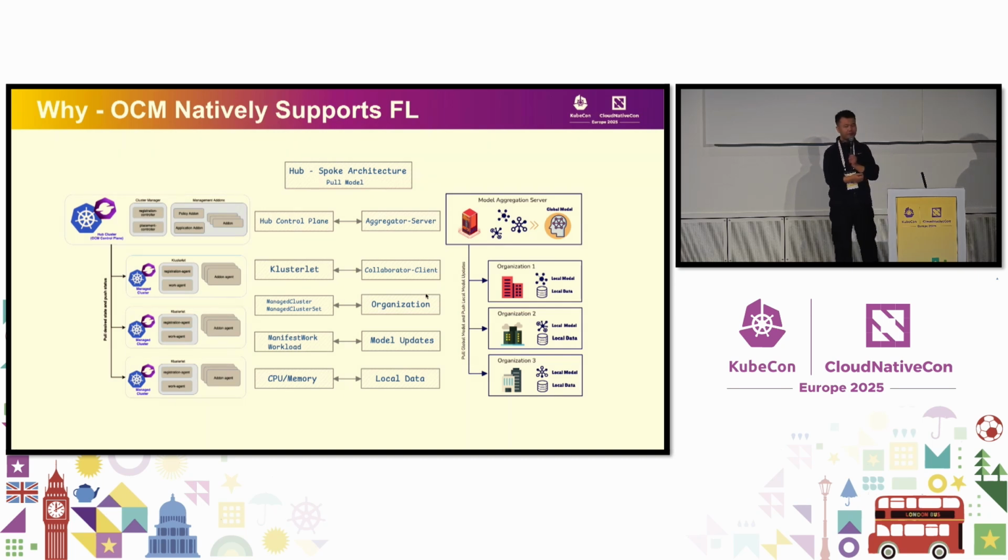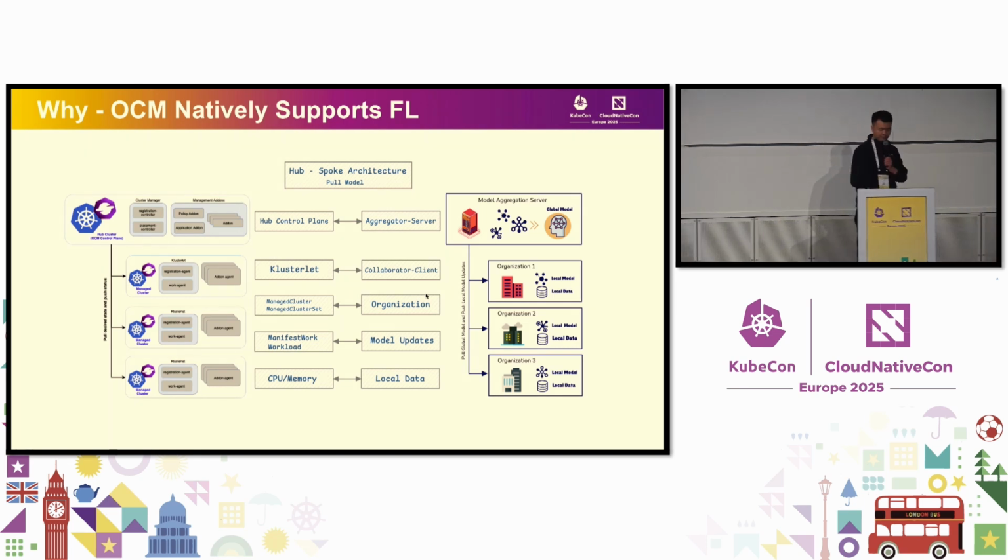And in federated learning, those collaborators pull the global model from the aggregator and train locally, then push those model updates back to the aggregator. So naturally, the hub cluster acts like the aggregator or server in federated learning, and each managed cluster plays the role of collaborator or client.